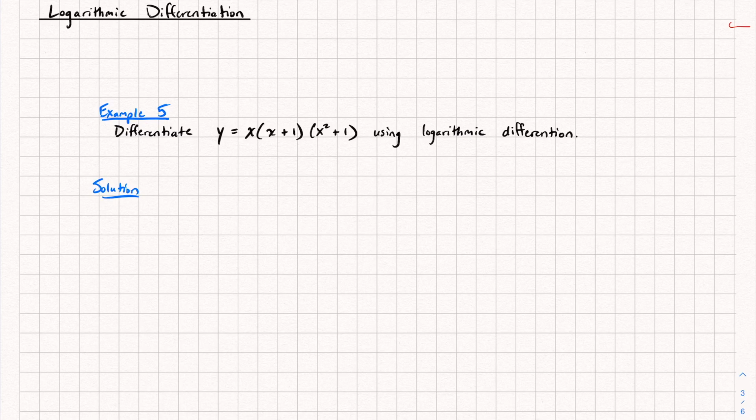All right, and so here's the process for logarithmic differentiation. The first step is to take the ln of both sides, and then expand using the laws.